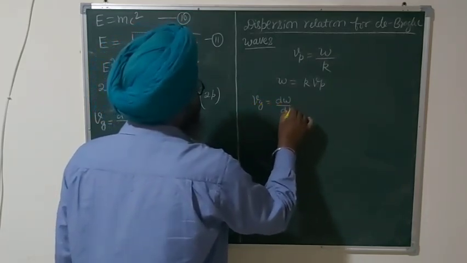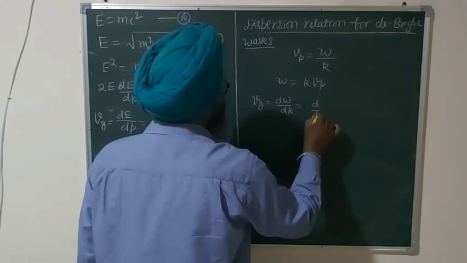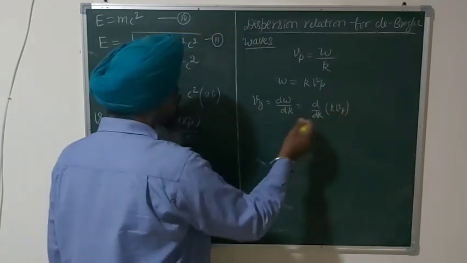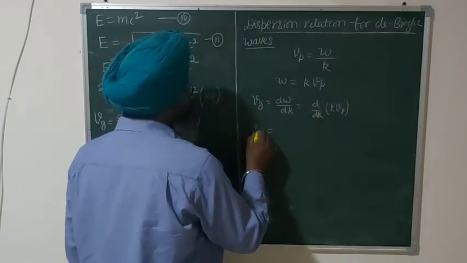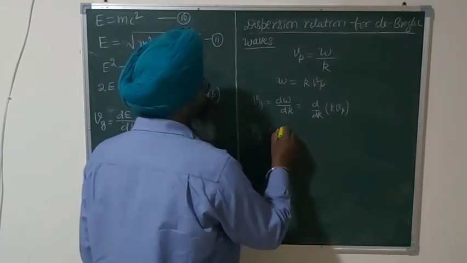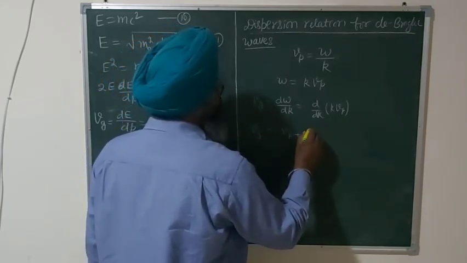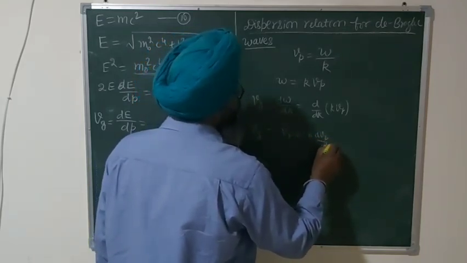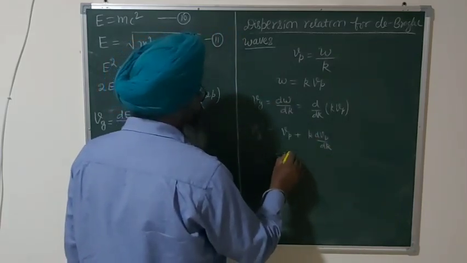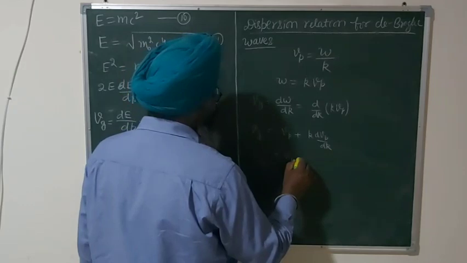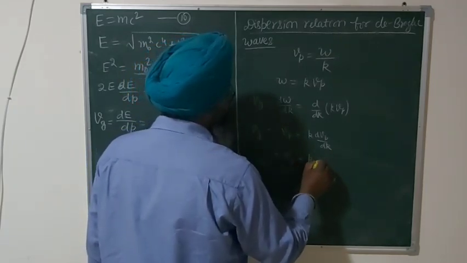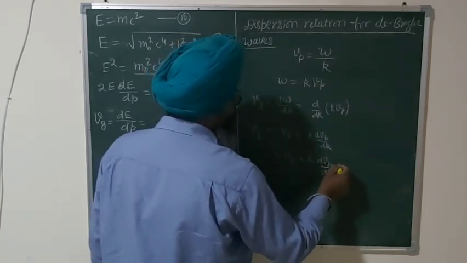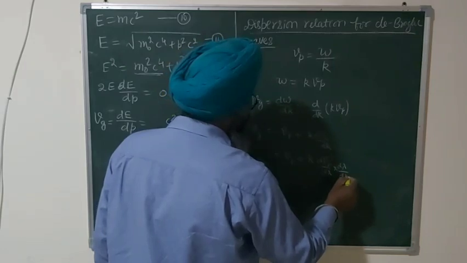And the group velocity, which is equal to d omega upon dk, can be written as d upon dk of k Vp. I will apply the product rule here. Then this equation will become Vg is equal to Vp plus k dVp by dk. I can simplify it further by writing Vp plus k into dVp by d lambda into d lambda by dk.